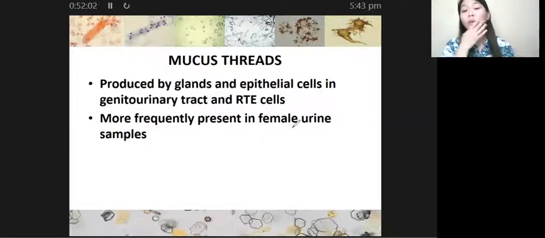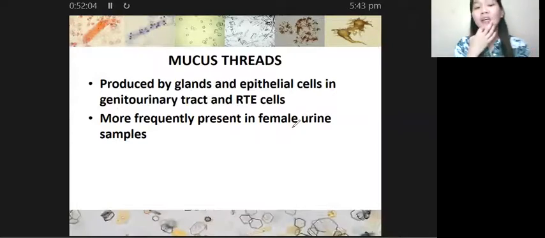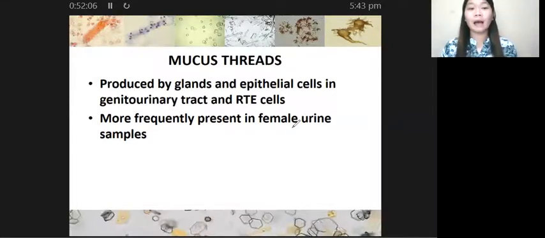Alright? So your mucus threads, they are actually produced by the glands that line your urinary tract, as well as the epithelial cells also of your genitourinary tract. Okay, so yan. They may also be produced by your renal tubular epithelial cells in your nephron.